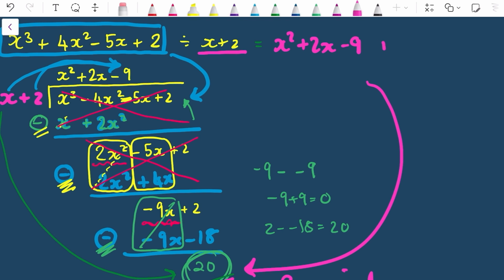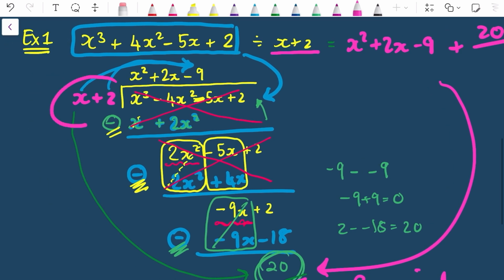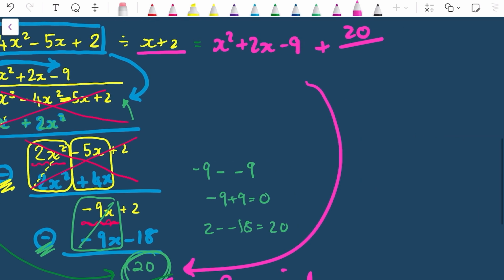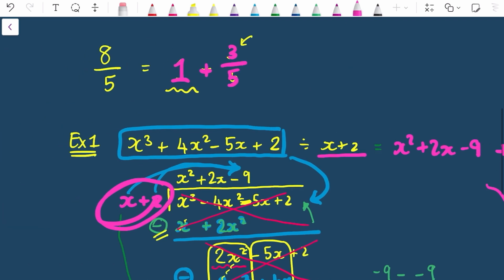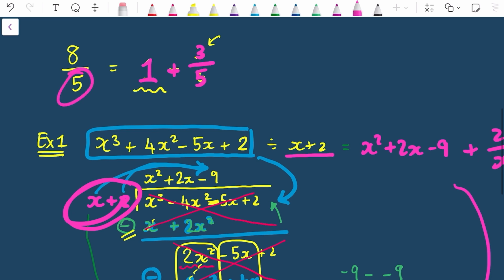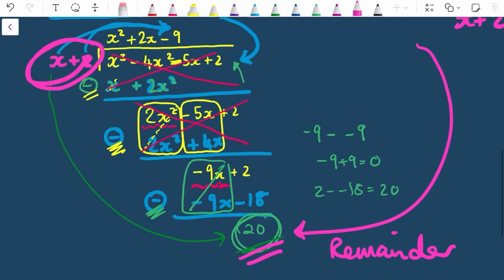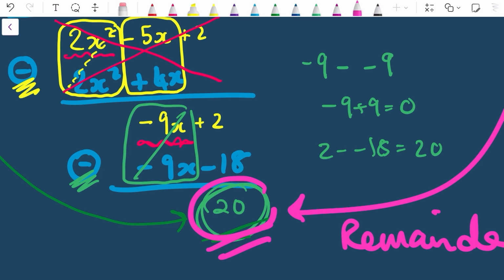So strictly speaking, I've got 20 divided by what I started with, x plus 2, left. In the same way that I had 1 plus 3 fifths, because I was dividing by 5. But if the question asks you what the remainder is, it's 20.